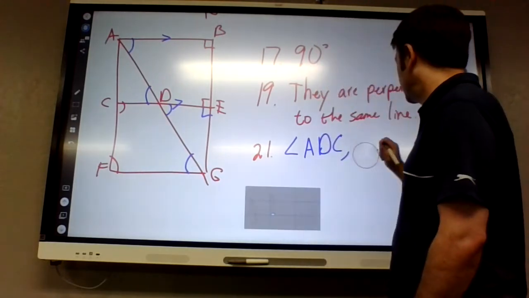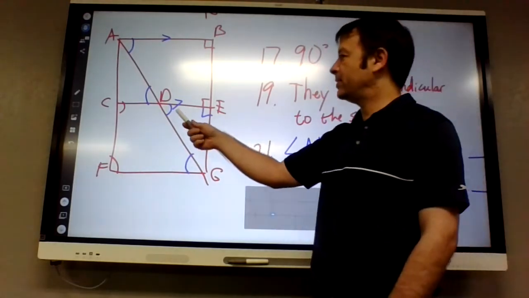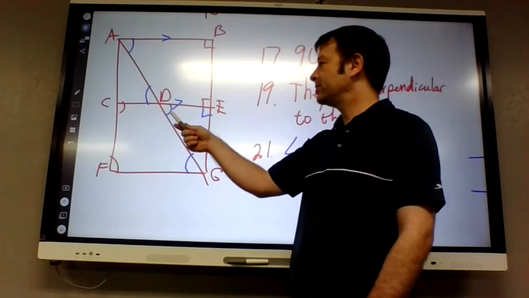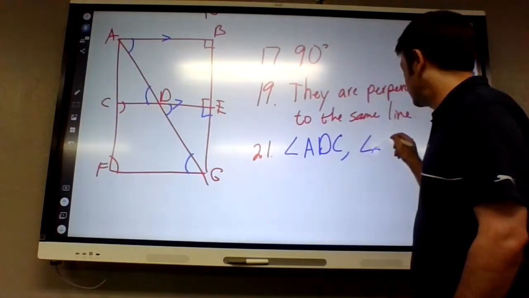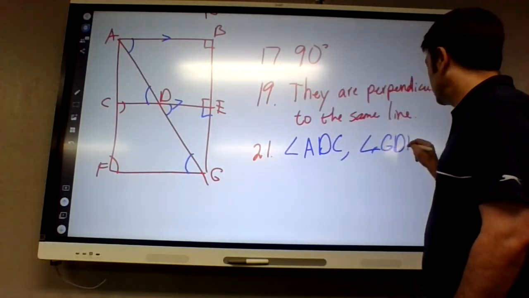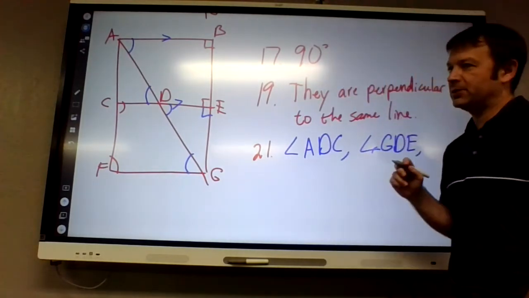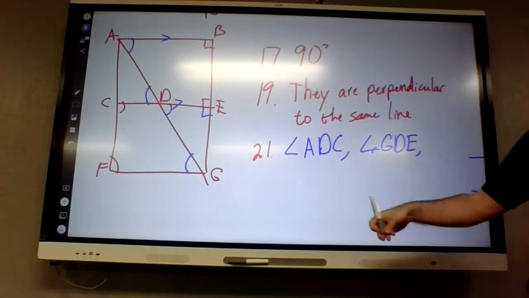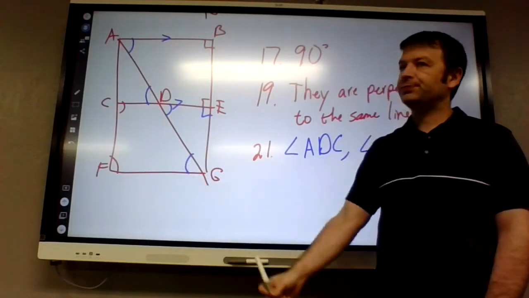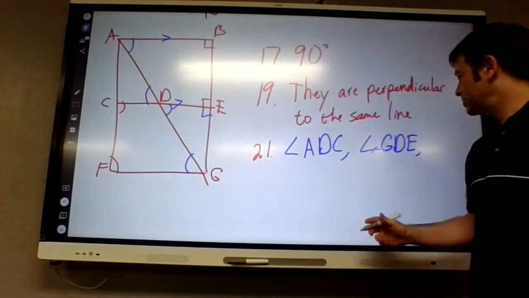No one pay attention. This angle right here. Somebody besides Xander, what's that angle called? GDE. And somebody besides Xander and Natalie, what's the bottom angle? FGD.